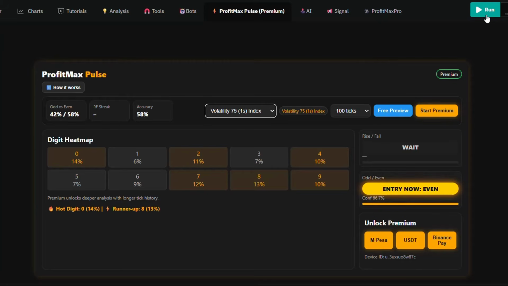You can clearly see it's giving even odd very fast. But on rise and fall, because that market was moving sideways, this tool, it's not a bot, it's actually an entry tool, assists you in going for entries, either even odd or rise and fall, okay?